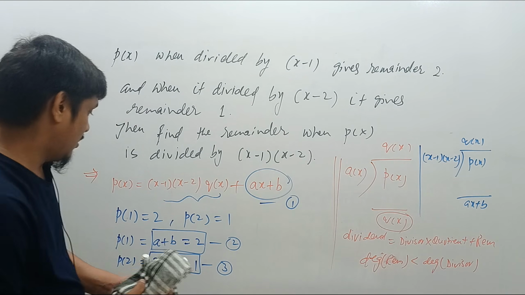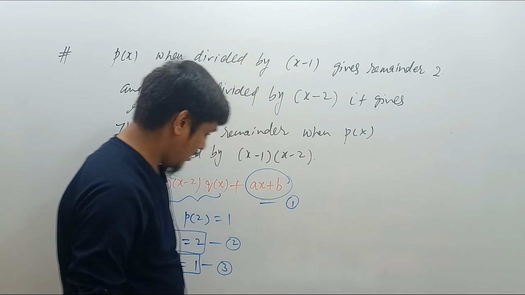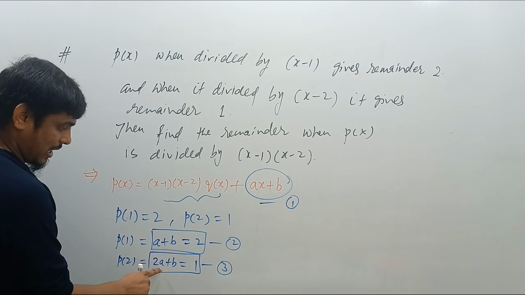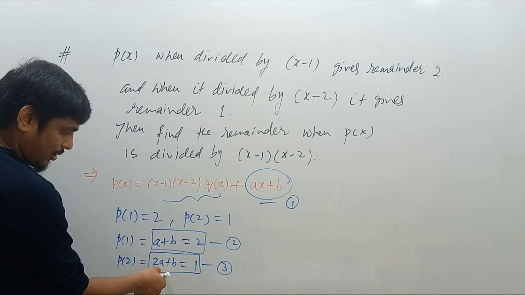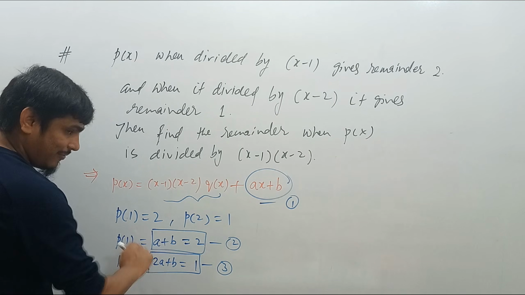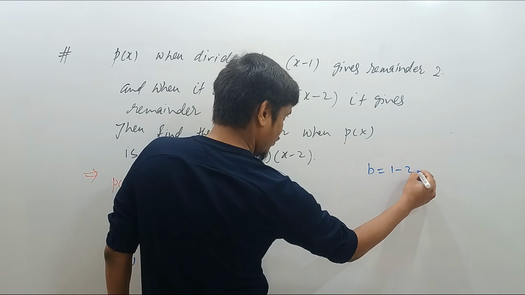From equation number 3, which is 2a plus b is equal to 1, we can find the value of b. Transposing 2a from the left to the right, we get b is equal to 1 minus 2a.